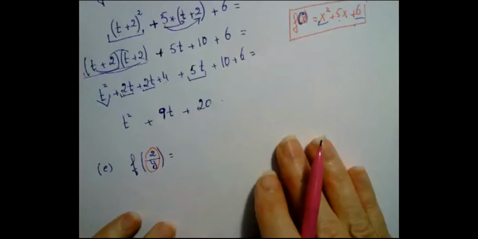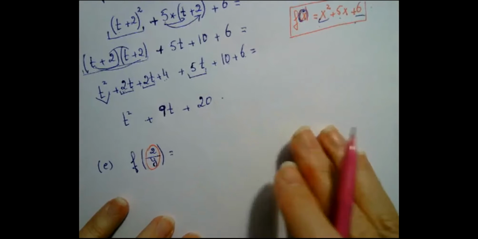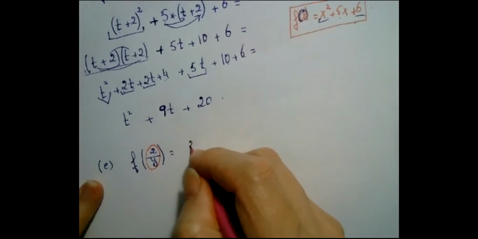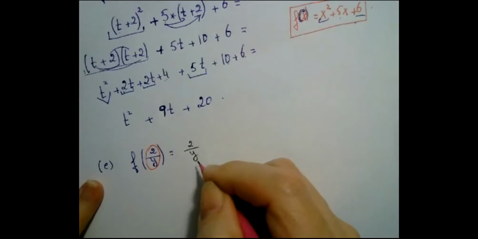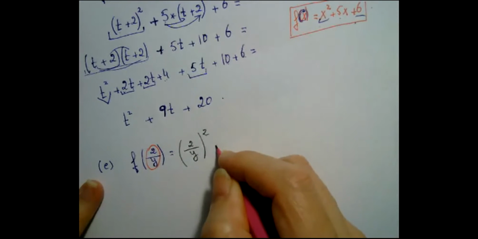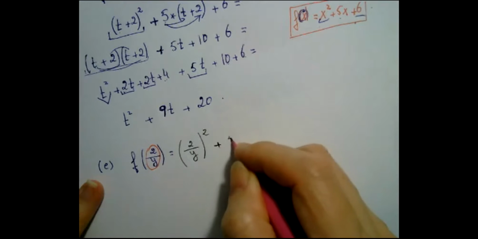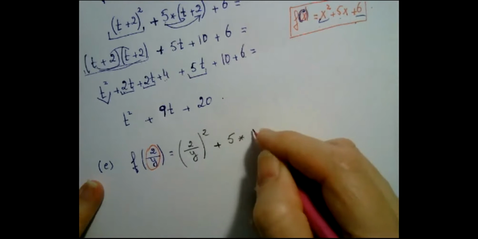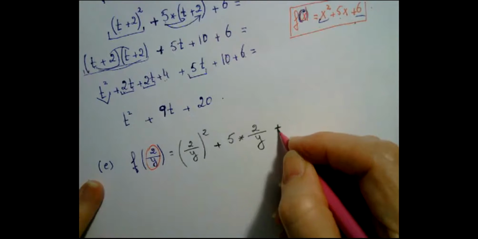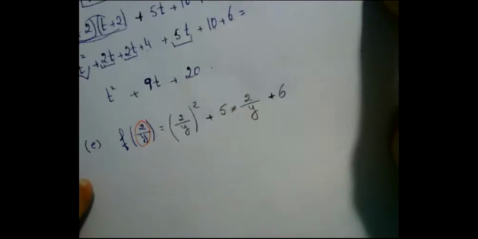Well, first you're going to put it into the equation. So 2 over y, squared, plus 5 times 2 over y, plus 6. Good. Now you want to simplify.